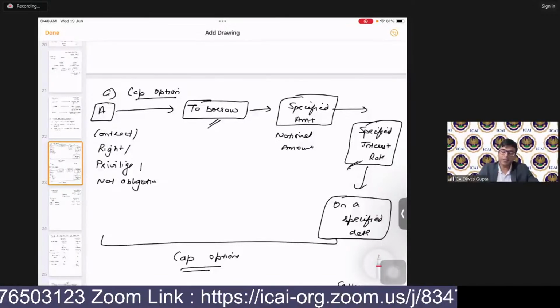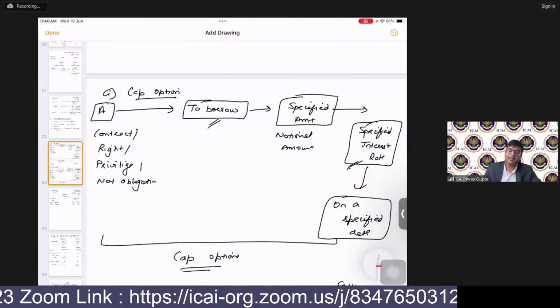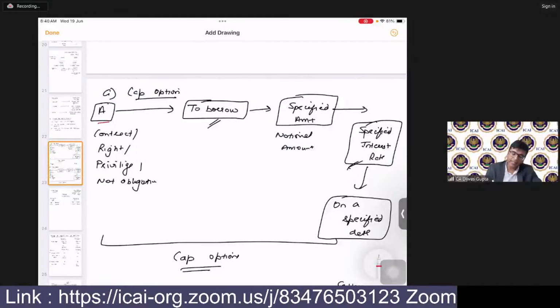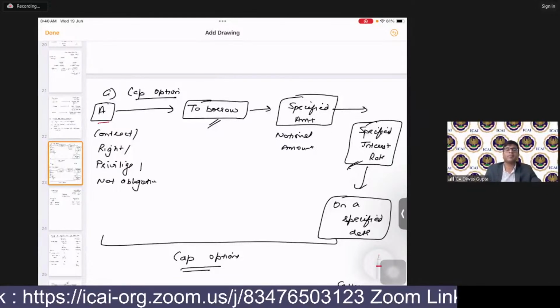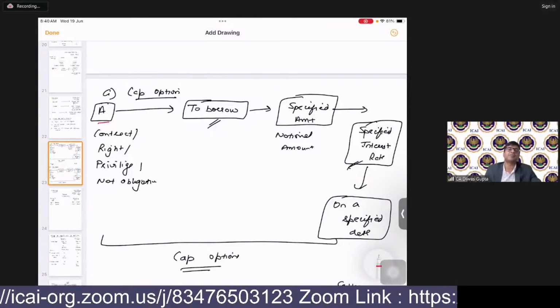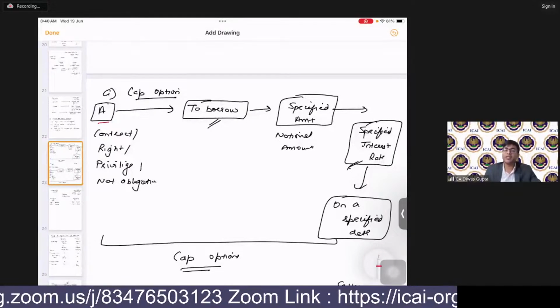So students, the cap option. Let's take an example of A. A is a contract, a privilege, but not an obligation. A right of what? A right to borrow.